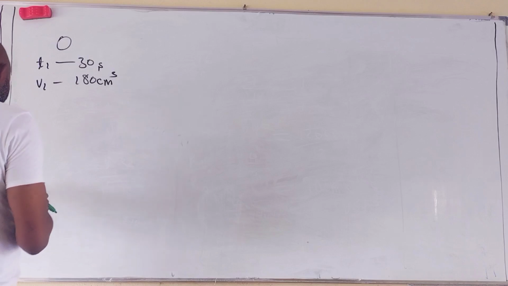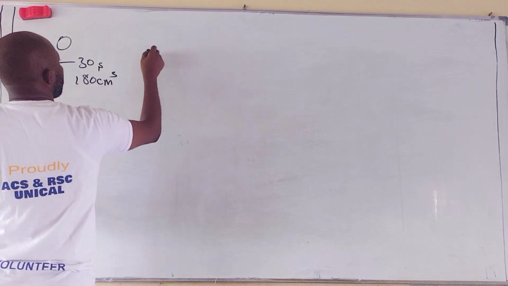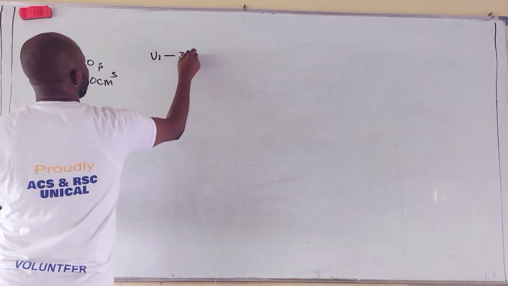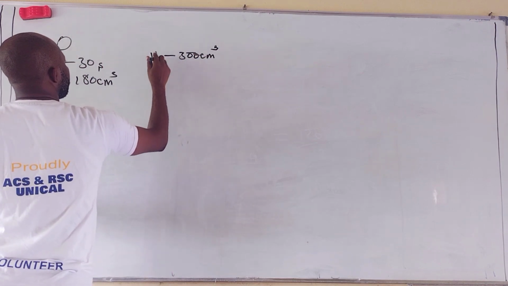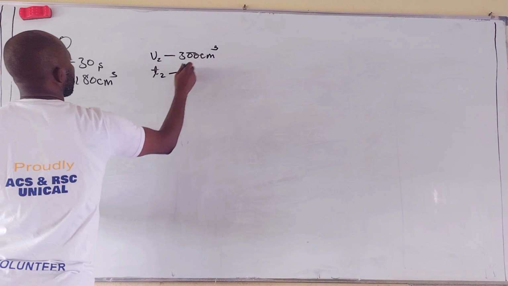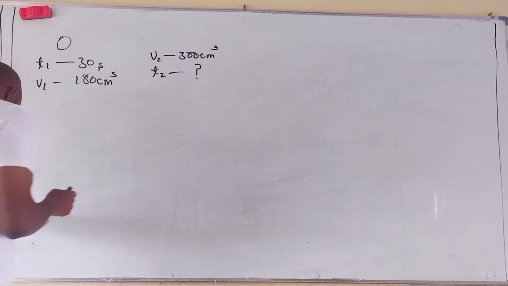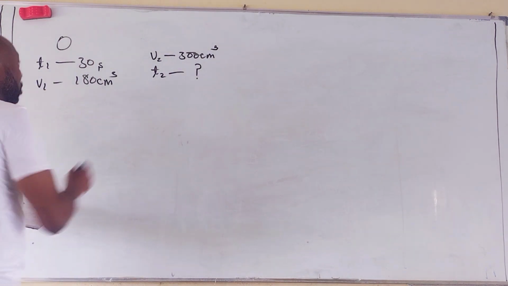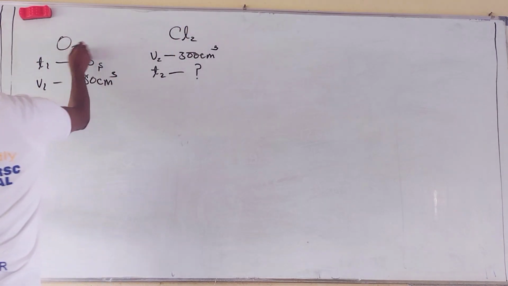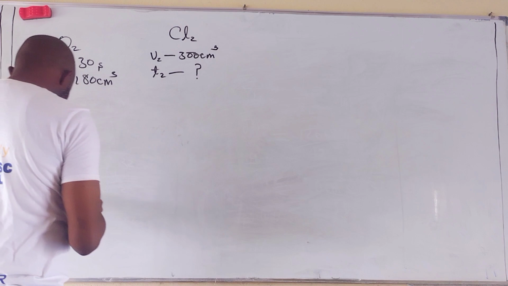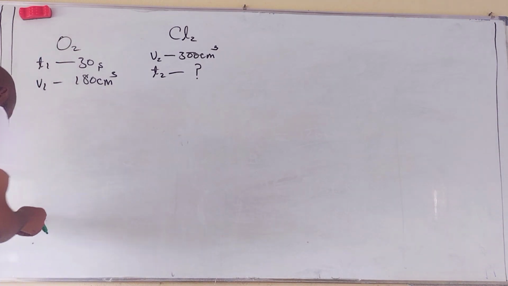How long will it take 300 cm cube? V2 here is 300 cm cube. T2 is the time they are asking of us. How long will it take chlorine, the second gas, to diffuse through the same plate?